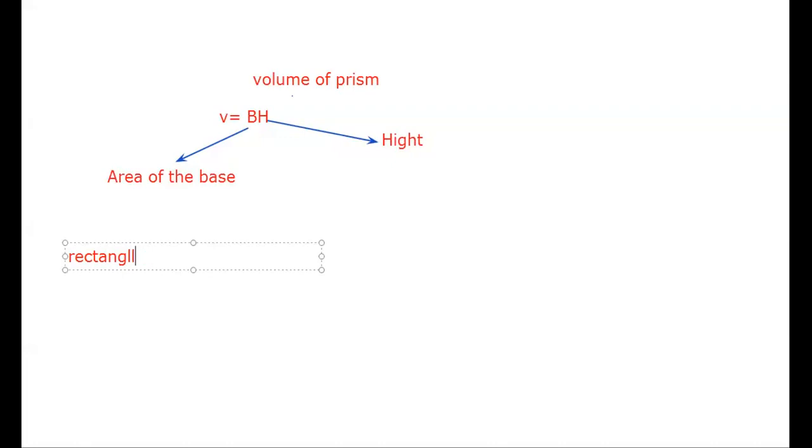Or it could be a triangle, or a trapezoid, or a square, a square prism. Okay, then for any prism, we have different bases. It could be a pentagon, it could be a hexagon. So we are going to name the figure according to the shape of the base.